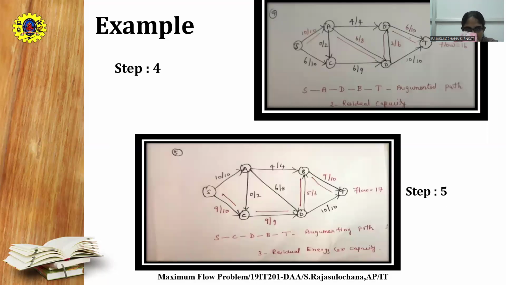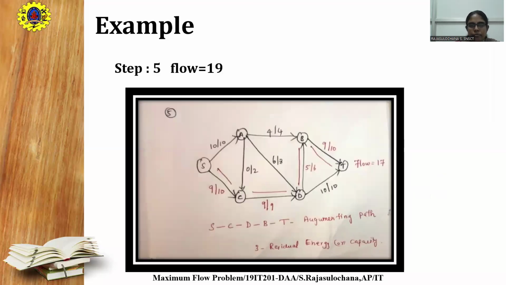So next I'm choosing the augmenting path S, C, D, B, T. So in these paths, if you see the minimum capacity is 3, which is the residual capacity. So I'm adding that residual capacity to all the edges in that particular augmenting path, and that 3 is also added to the previous maximum flow. So previous maximum flow is 14. So adding 3 to 14 will be equal to 17.